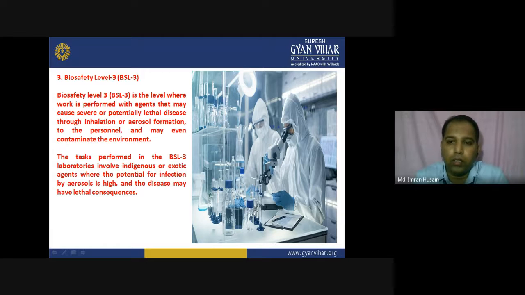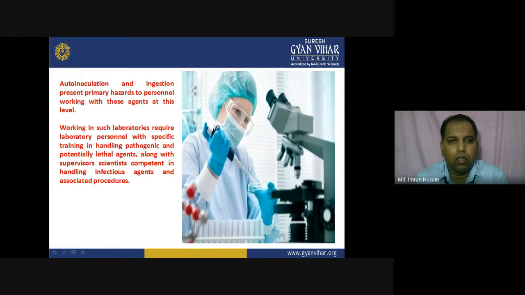Okay, any disease agent or pathogen that is formed natively in that very country. And exotic means any disease agent that is foreign in nature. Auto-inoculation and ingestion present primary hazards to personnel working with these agents at this level.